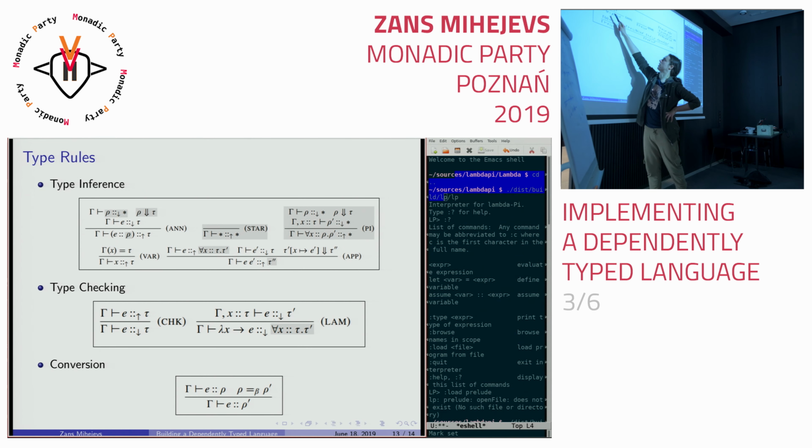Once you've checked that P is an actual type rather than a term, then you evaluate it. You simplify whatever needs to be simplified, and you get some other type which we denote as T. And then you go back to your expression, and you check that it type checks under type T. And if it does, then we can infer that your expression actually has type T, which is a simplified version of P.